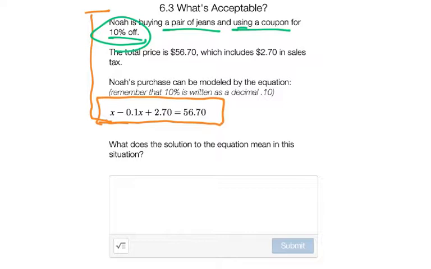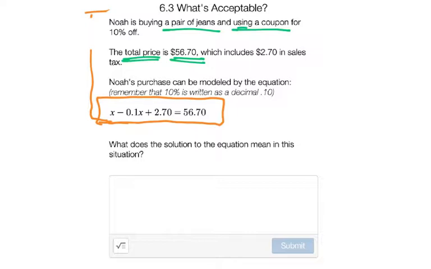Now, it says the total price. So Noah goes and buys his jeans with his coupon, and he spends a total of $56.70. That means he gave the cashier $56.70.